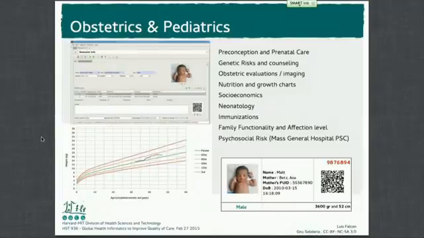A small parenthesis on two of the modules, obstetrics and pediatrics. We try to, again, mix and merge not only the biological part of it, but also the social one. Talk about the psychosocial risk, the pediatric symptom checklist by the Mass General Hospital, the APGAR score on the family, immunization, nutrition.